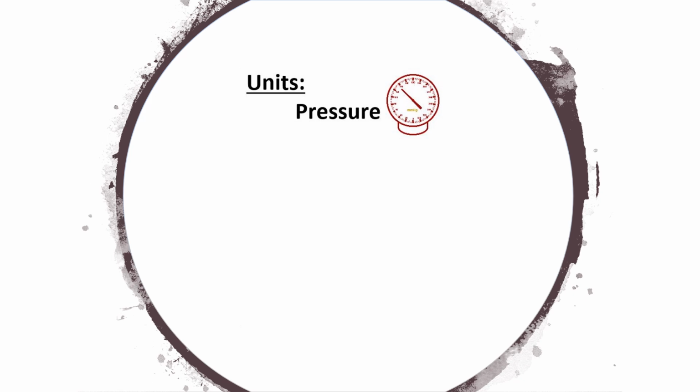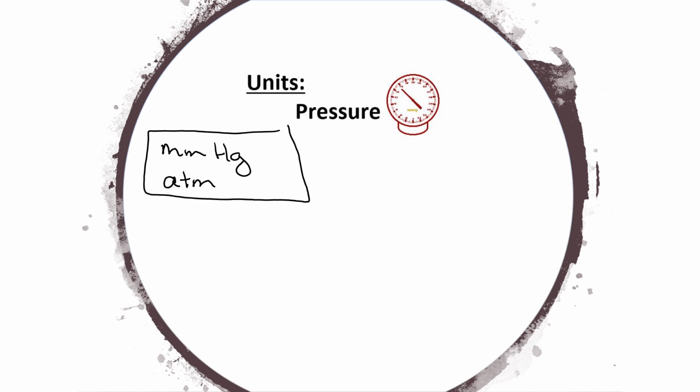Okay, we're going to talk about the units that we use when dealing with the gas laws. So for pressure, there are 4 different types of units that we can use. We can use millimeters of mercury. We can use atmospheric pressure. These are the 2 you're most likely going to see.